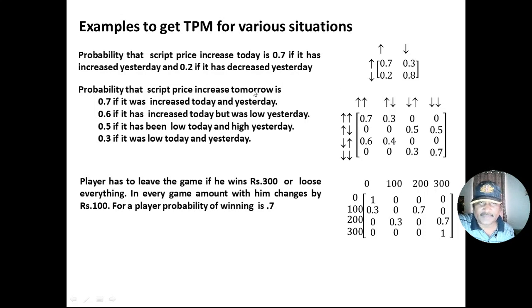But as far as the details given in the problem are concerned, there is a mention of tomorrow only. So what I can do to make this state similar to these states is change tomorrow to today. For tomorrow, today will be yesterday. So again, it will be the story being talked about today and yesterday only.